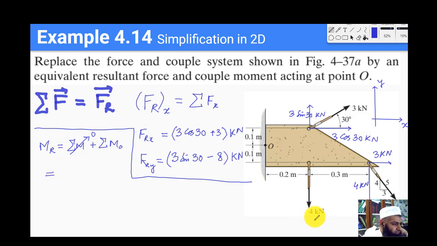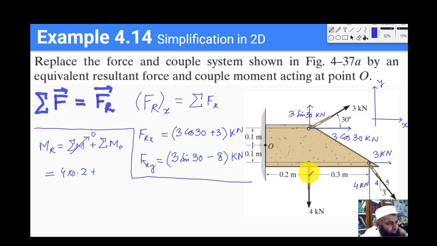So first off, we move this 4 kilonewton force to this point O, and because this has to move a distance of 0.2, we get 4 times 0.2, that's the first term. Then the second term is because of the y component, so maybe this term.